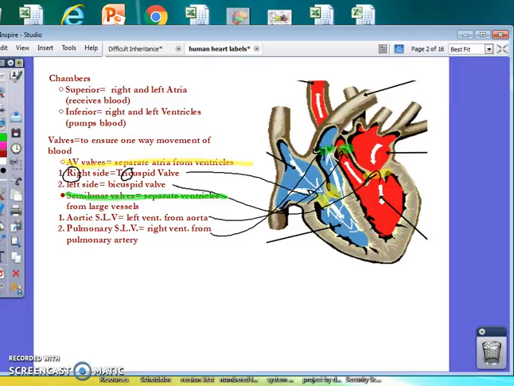As you look at this, you have to keep in mind that we're going to look at the heart in relationship to the four chambers that it has. So you need to know the names and the locations of the four chambers, and you need to know the names and the locations of the four valves that permit blood flowing in one direction.